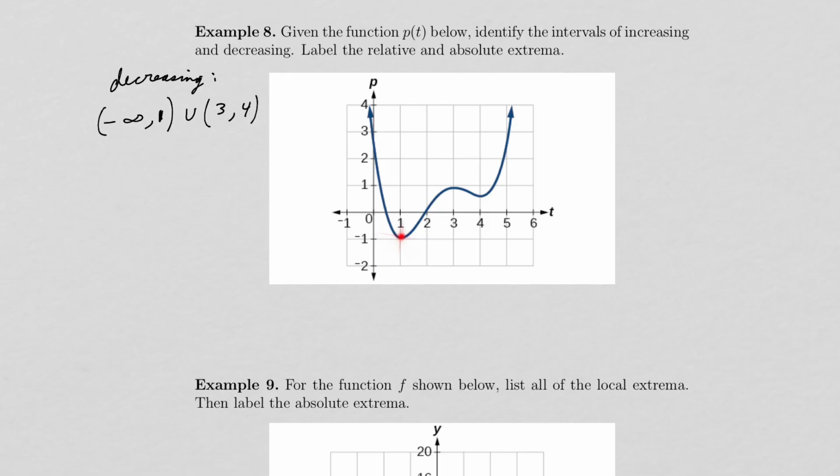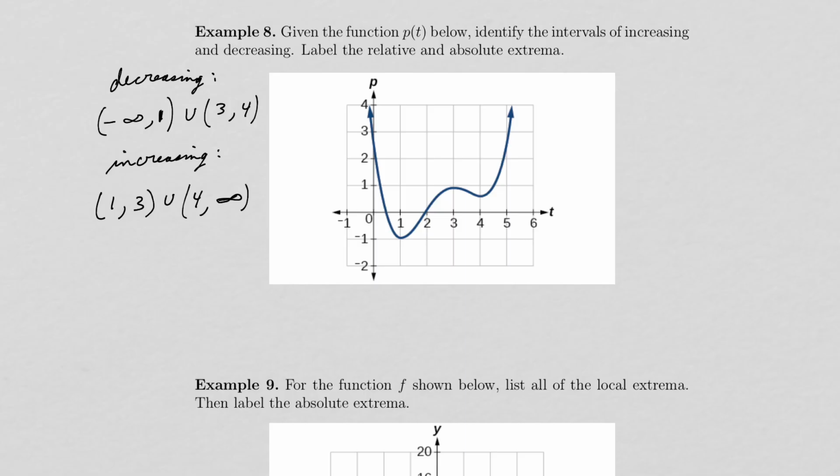Well, it looks like it's going up here, right? From 1 to 3. And then from 4 all the way to positive infinity, right? It keeps going, going, going. So it's increasing from 1 to 3, union, and then 4 on to infinity.